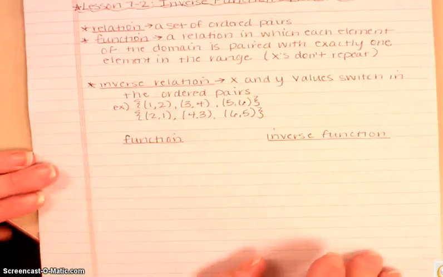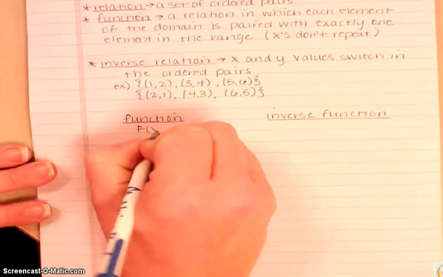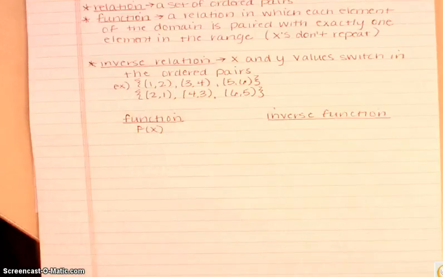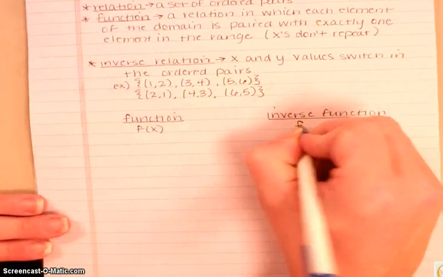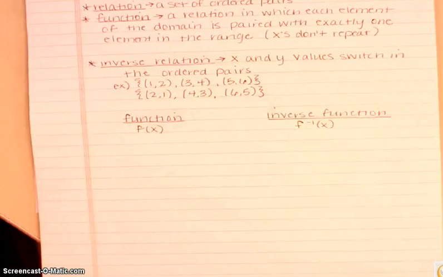So first of all, let's look at the function notation itself. We all know function notation as being f of x. Now when we denote an inverse function, we're going to go f to the negative 1 of x. And that doesn't mean you're going to raise anything to a negative power. It just denotes that that's an inverse function. So don't think that we're going to be using exponents and things like that, because that's not what that means.